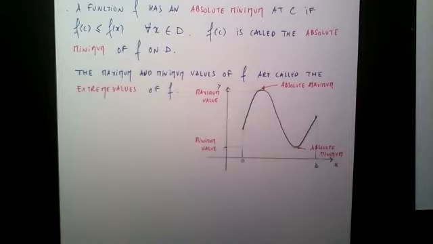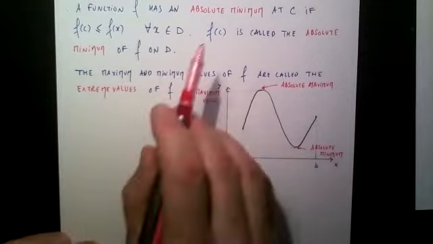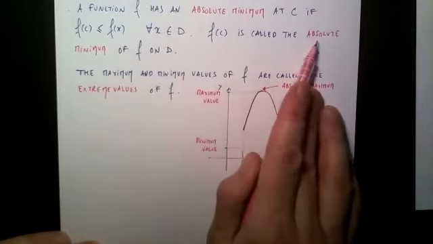Sir, before you wrote f of c is called the absolute minimum of f on D, and then you just wrote that it's called the minimum value. Is it the same thing? Oh, no, here I wrote minimum value.